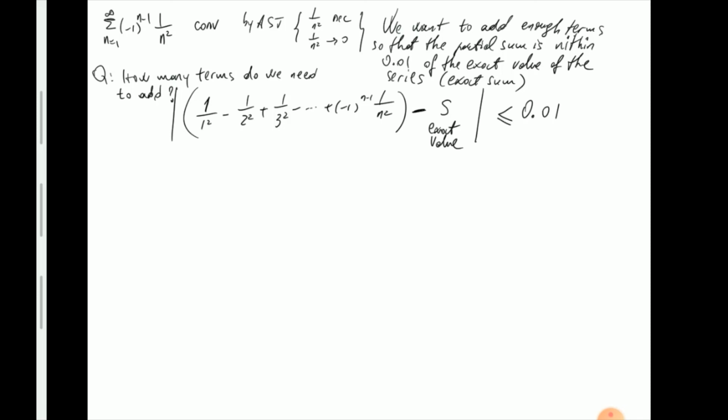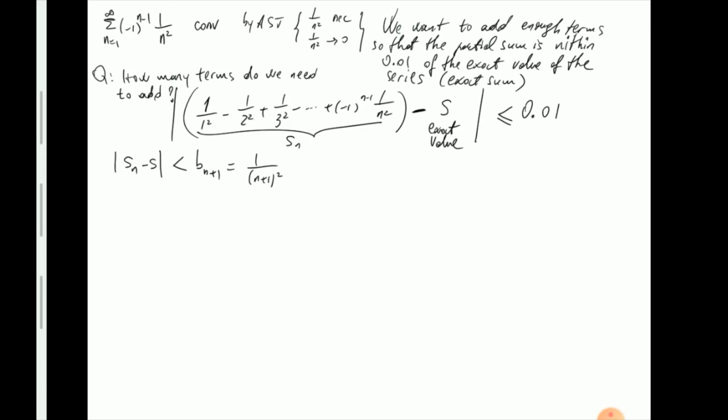Now, the result that we mentioned before states that the nth partial sum Sn minus the exact value of the series is always less than Bn plus 1, the n plus 1 term in the sequence, which in my case is 1 over n plus 1 squared.